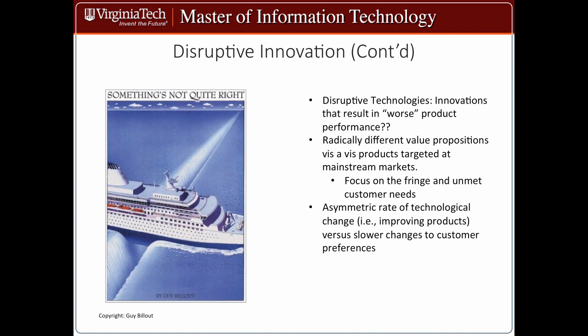But oftentimes it's exactly the opposite, right? The technological change is leading these incumbent companies to double down, to drastically improve their product offerings, so that they start to outpace the preferences of their mainstream customers or customers that are at the fringe of the market.